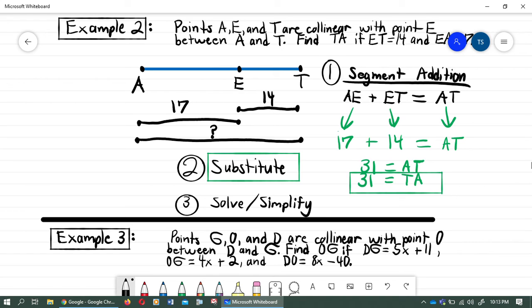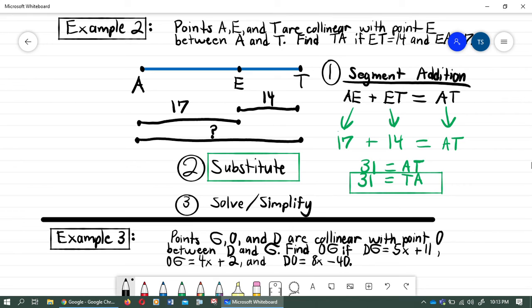All right. Find OG if DG equals 5x plus 11. Also, if OG equals 4x plus 2. And if DO equals 8x minus 40.